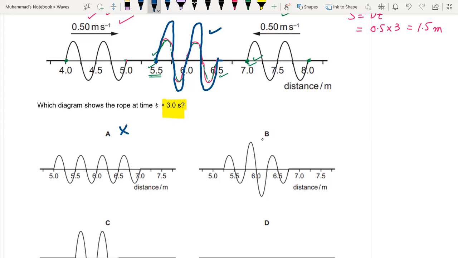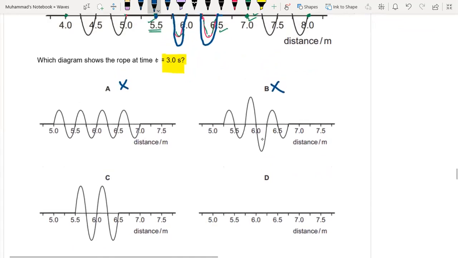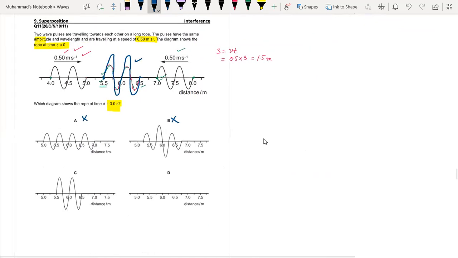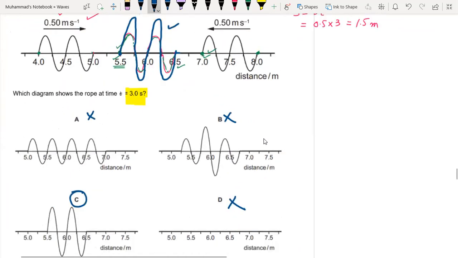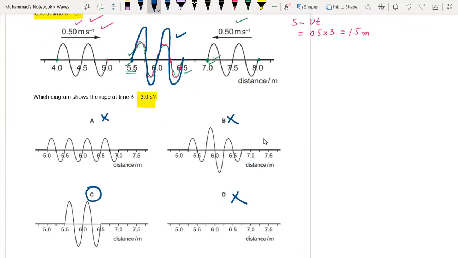So option A is incorrect, option B is incorrect. You can see option C is correct. This other option is not possible. So this was the basic idea of how you overlap these two waves after 3 seconds.